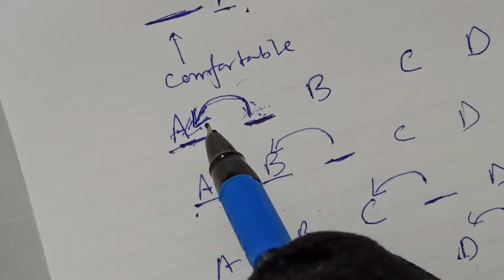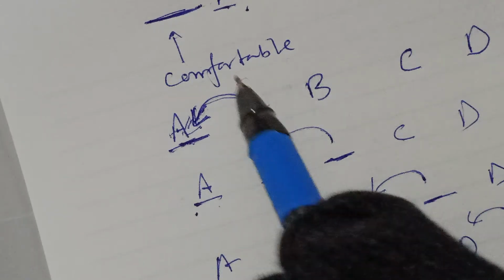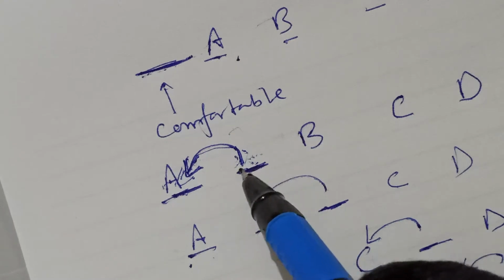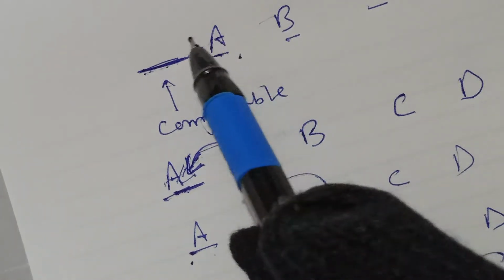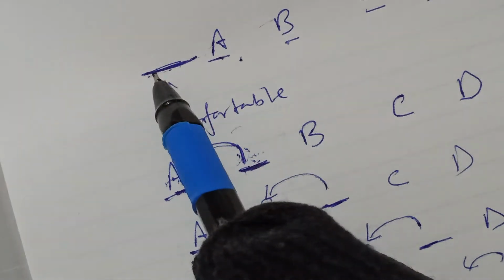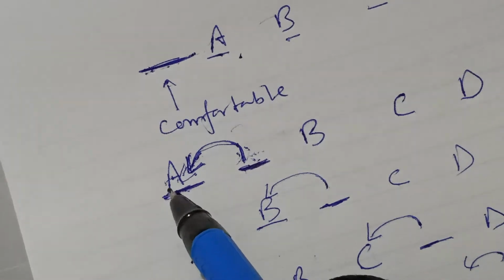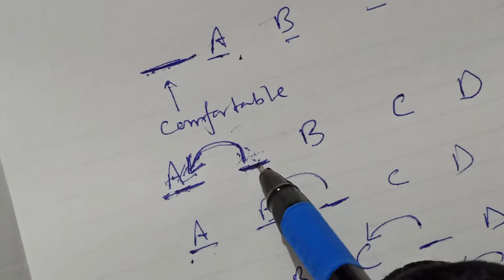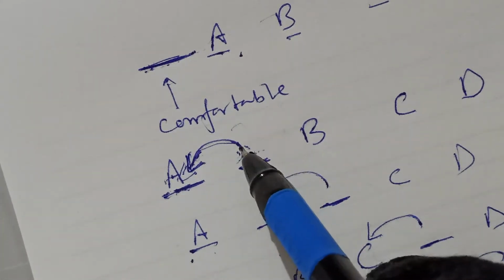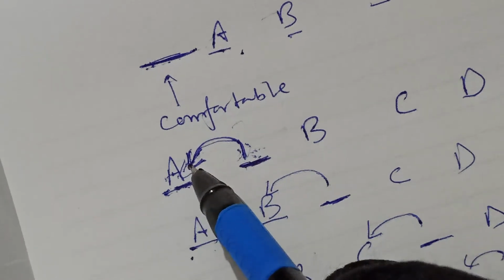Similarly, if in an atom, in a material, there is some vacancy, that means there is a hole, so a bonded electron can move from its position to the vacancy, and in that manner the vacancy will be shifted from left to right, and the bonded electron will be shifted from its position to the vacant position.